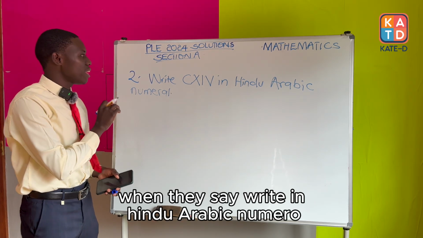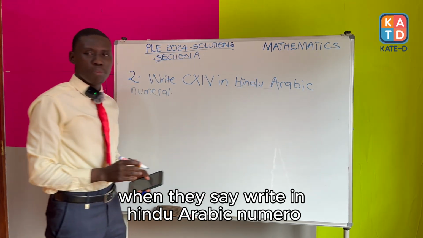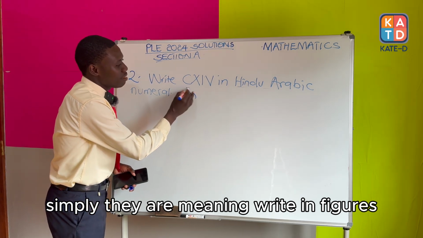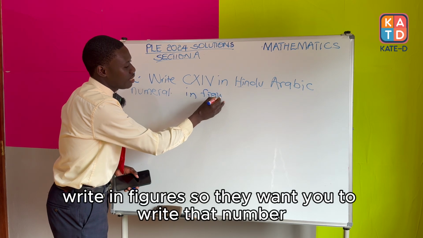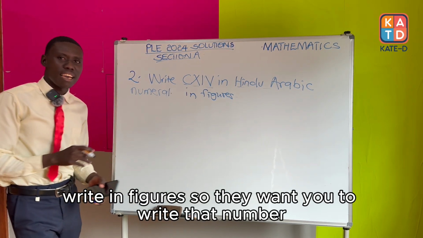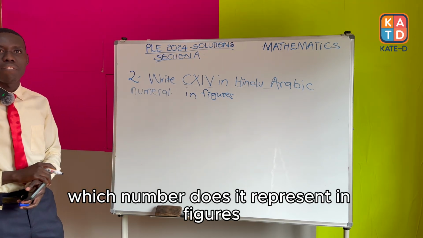First of all, when they say write in Hindu Arabic numerals, they simply mean write in figures. So they want you to write that number. Which number does it represent in figures?